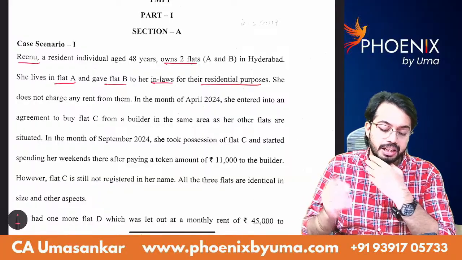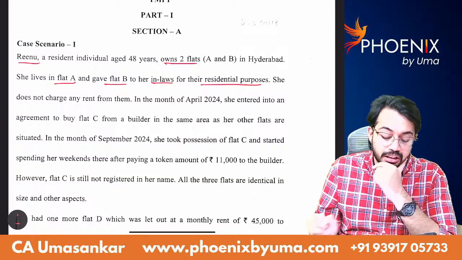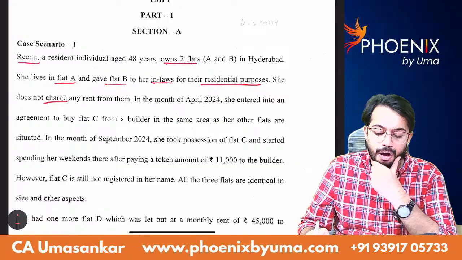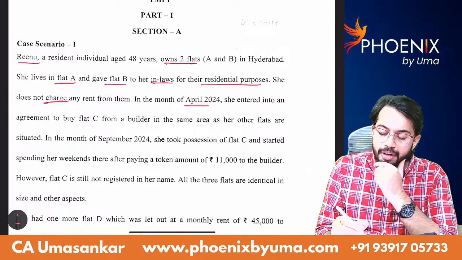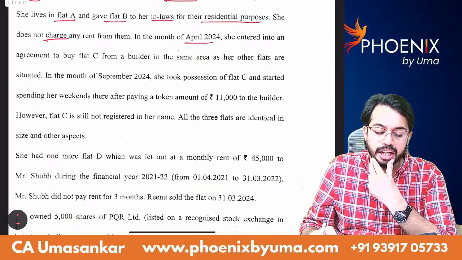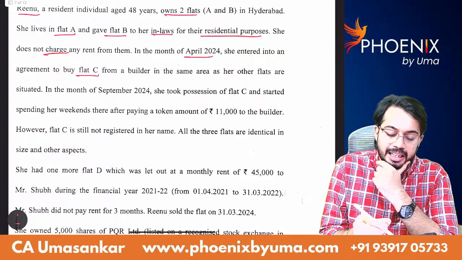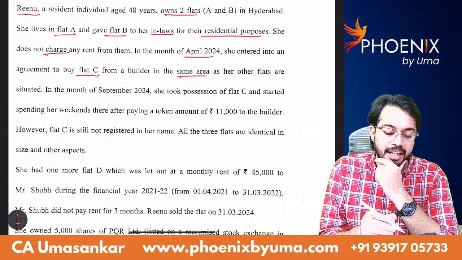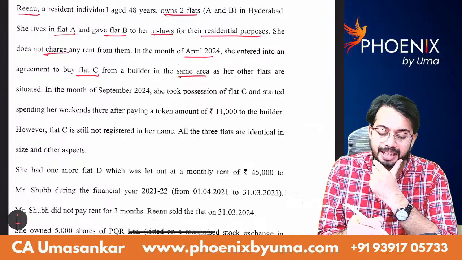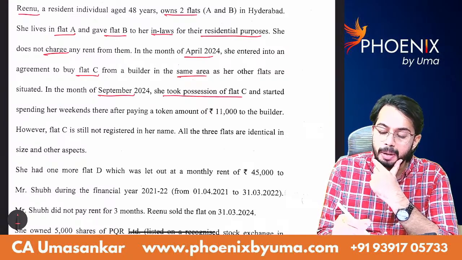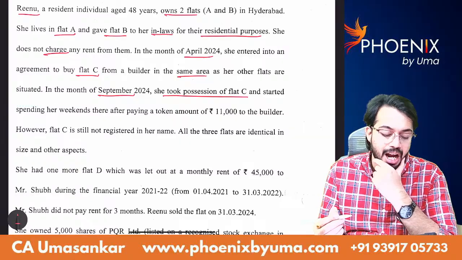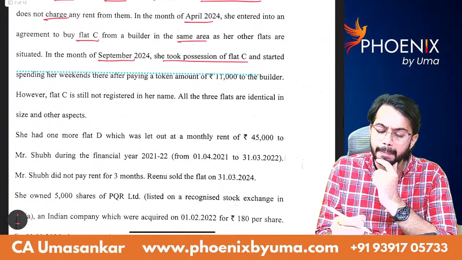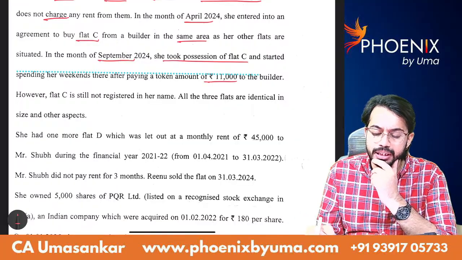Correct? Next, she does not charge any rent from them. So both are basically self-occupied properties. In the month of April 2024, she entered into an agreement to buy flat C from a builder in the same area as her other flats. In the month of September 2024, she took possession of the flat and started spending her weekends there, paying a token amount of 11,000 to the builder.